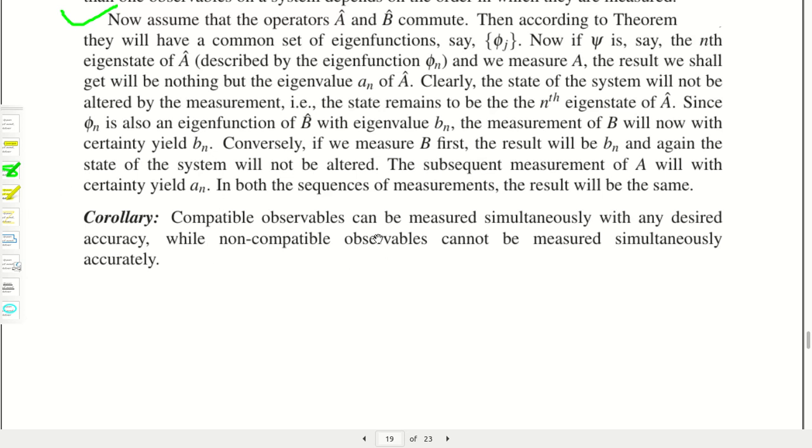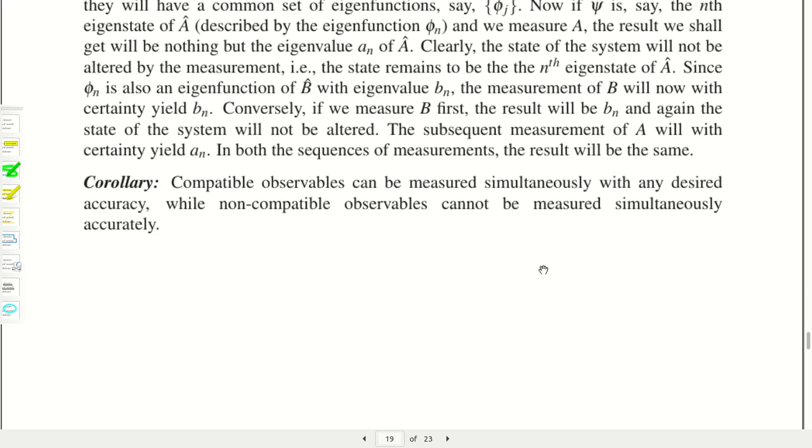That is why the corollary is written: compatible observables, that is commuting observables, can be measured simultaneously with any desired accuracy. I can tell you that phi n will be the result with eigenvalues An and Bn, while non-compatible observables cannot be measured simultaneously. That is, when you measure A first then B, the result will be unpredictable, but the unpredictability is not repeated when you measure in the reverse order.